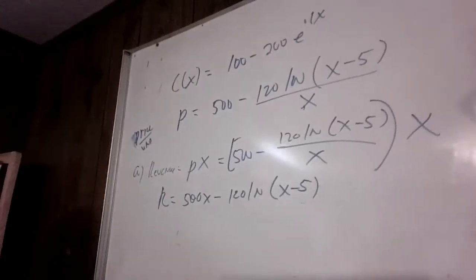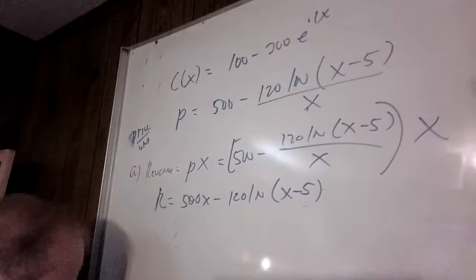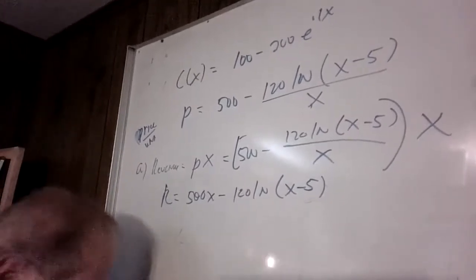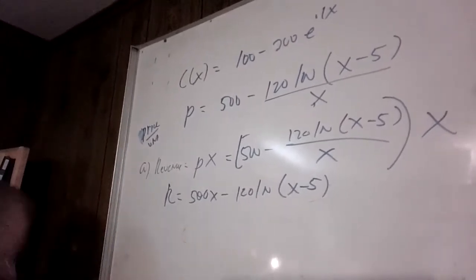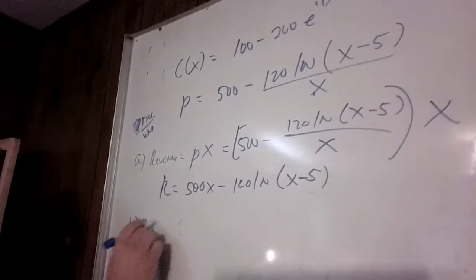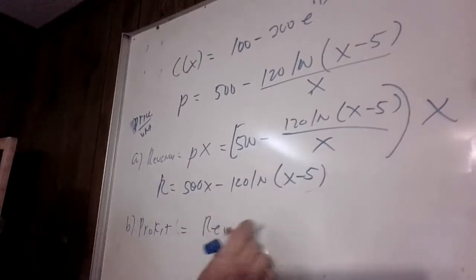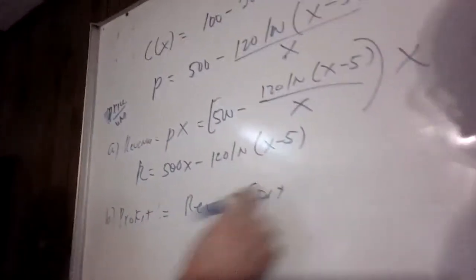So now I have the revenue and I have the costs, and I want to find the profit. So the profit is the next thing, is the revenue minus the costs.